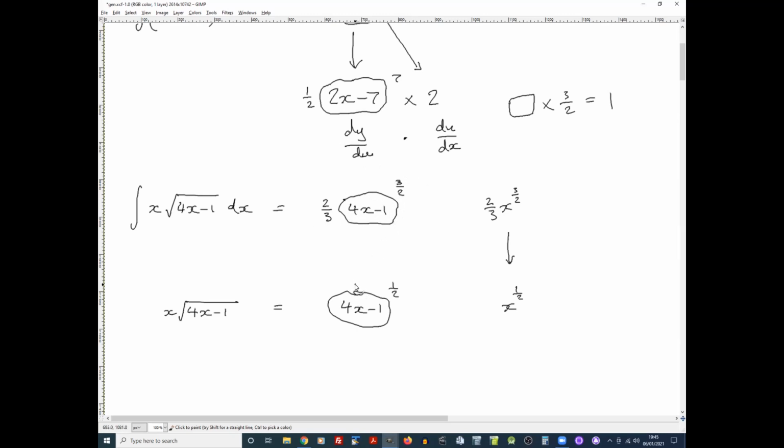Actually, no, because in the original you've got x root 4x minus 1. X would have come from it. So what will we get if we differentiate this? We will get half.